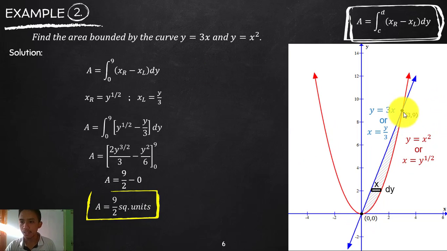So these are the points of intersection. By the way, how do you solve the point of intersection? That is just algebra, guys. Okay, if you are drawing that one, if you are plotting that one, you cannot actually just pinpoint. You are not sure if what you assume is really correct.